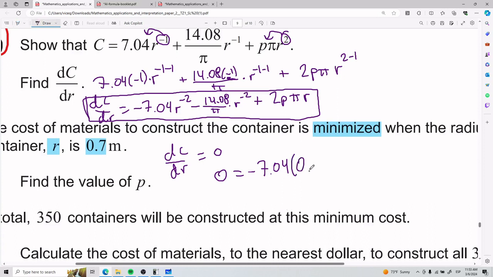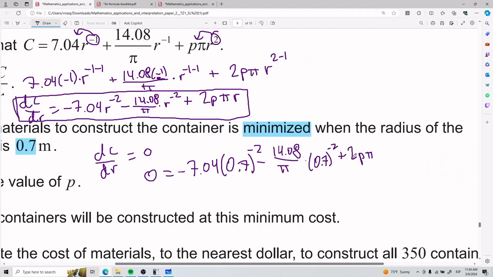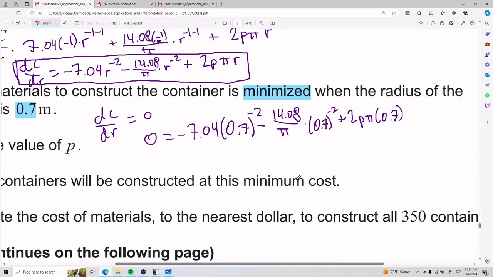So I'm going to put 0.7 to the power of negative 2 minus 14.08 divided by pi times r, where r is 0.7. And so from here, you can solve the problem a little more easily. See? So we're going to be plugging in a lot of numbers. This is going to take a little bit, but at least now we understand very well what is going on and why it's going on.